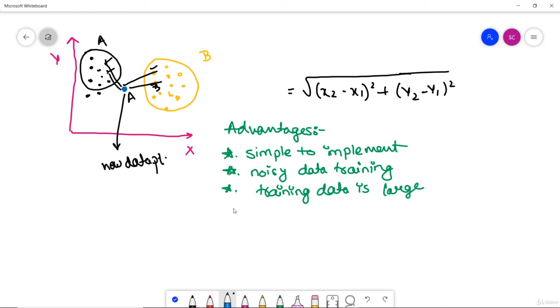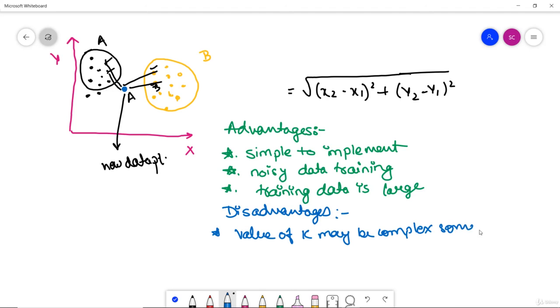Now let us come to the disadvantages. The disadvantage is that you always need to determine the value of K, which may sometimes be complex. And another disadvantage is that the computation cost is high, because the distance between the data points has to be calculated for all the training samples.